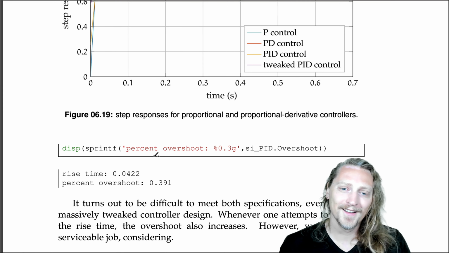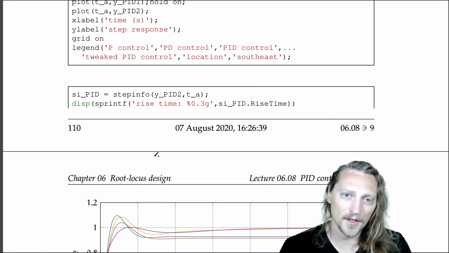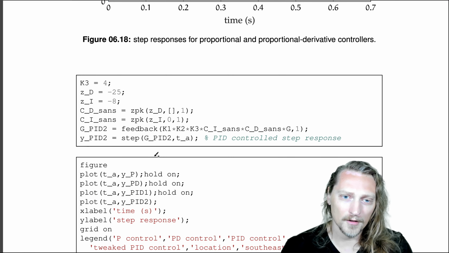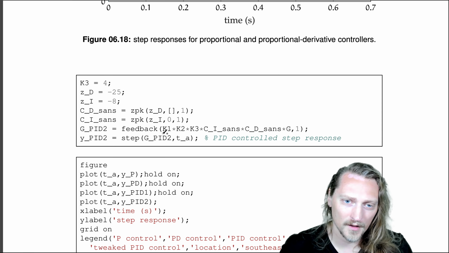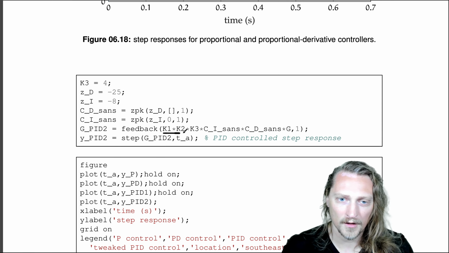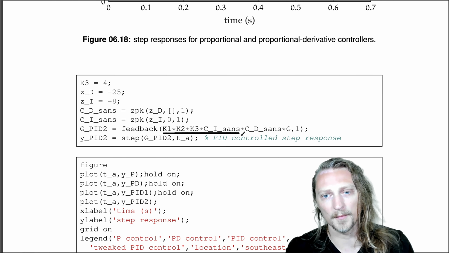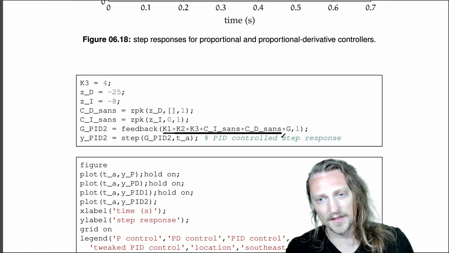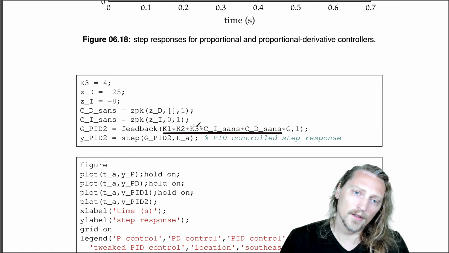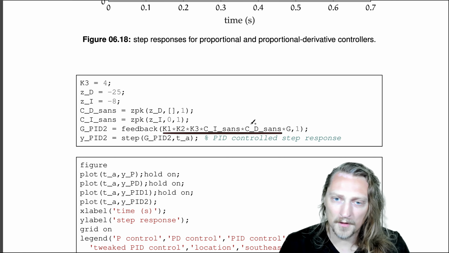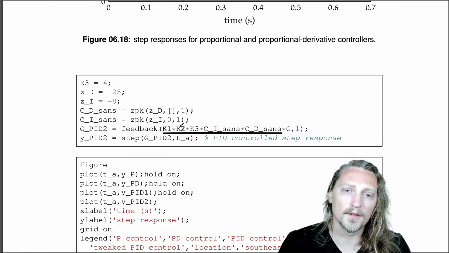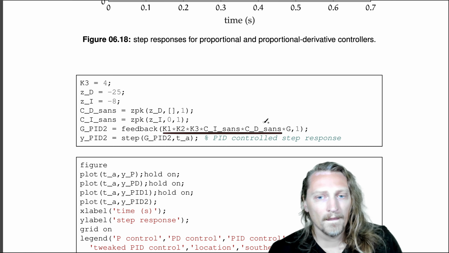PID gains, okay? So we've got our controller, our closed loop controller, that's given here, K1 times K2 times K3 times CI sans times CD sans. So those are the integral compensator and the derivative compensator without their gains, okay? Their gains are K2 and K3.